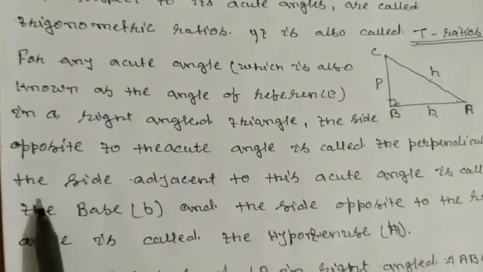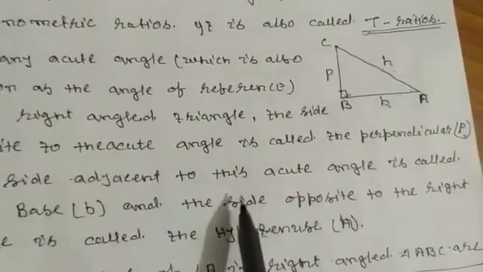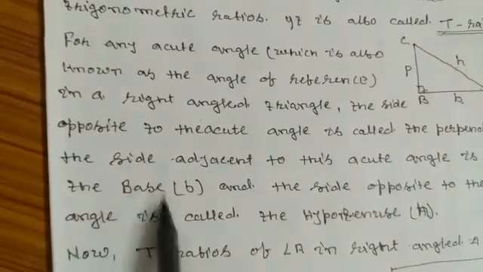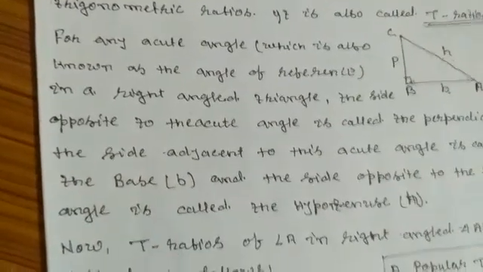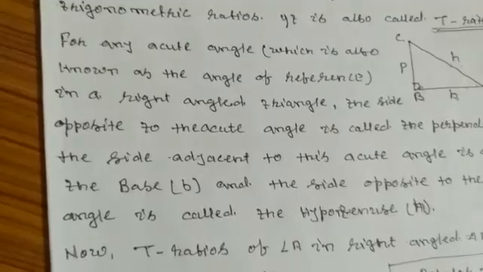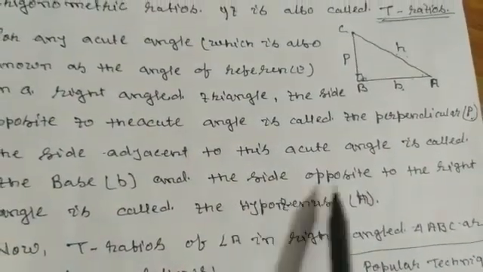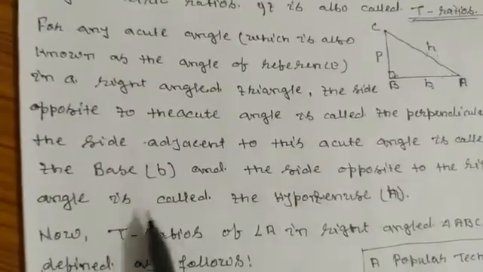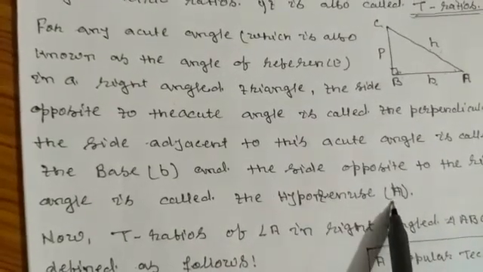Second, the side adjacent to this acute angle is called the base and it is denoted by B. Base is denoted by B. And the side opposite to the right angle is called the hypotenuse and it is denoted by H.